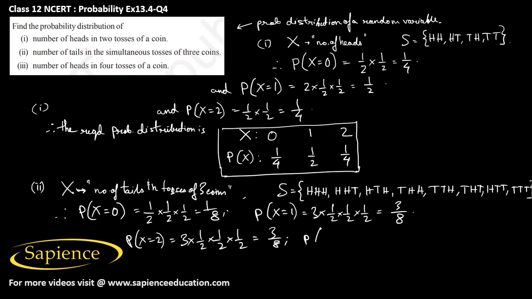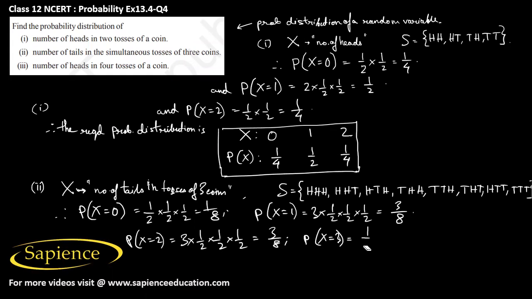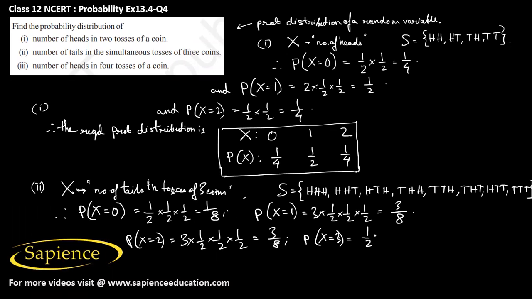In the same way, P of x equal to 3 means we should get all three as tails. So this would be 1 by 2 into 1 by 2 into 1 by 2, which is 1 by 8.